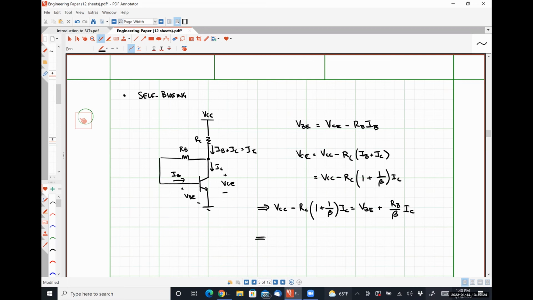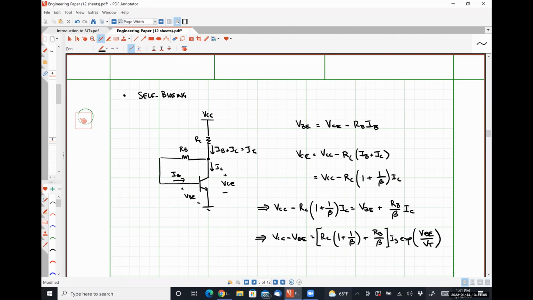And we can get VCC minus VBE is equal to [RC multiplied by (1 plus 1 over beta) plus RB over beta] times IS EXP of VBE over VT, giving us one equation, one unknown relationship for which we can solve for the operating point of the circuit.